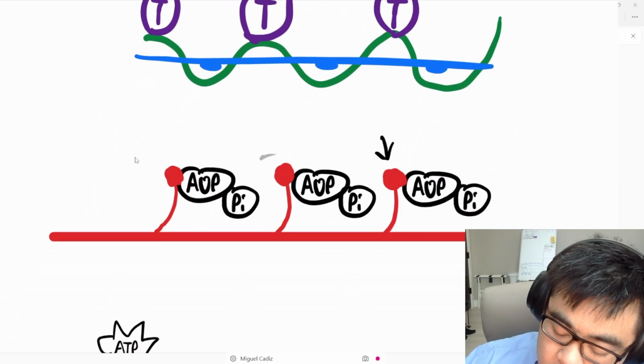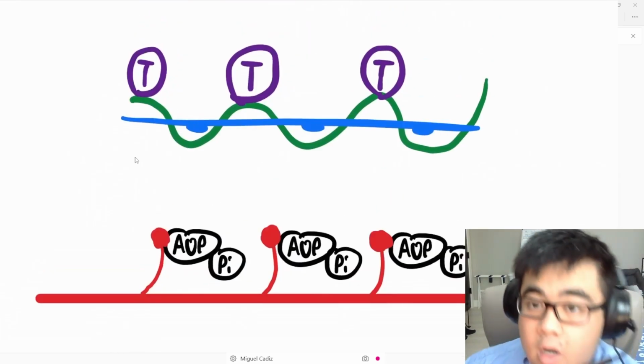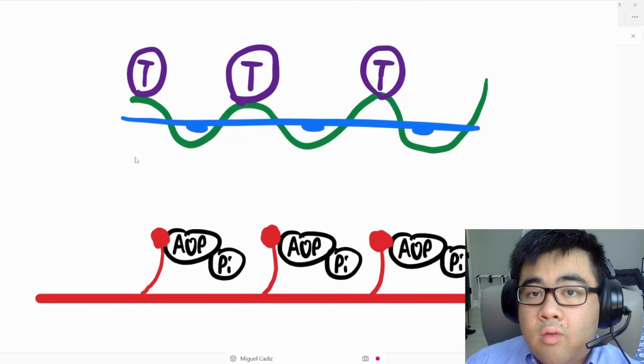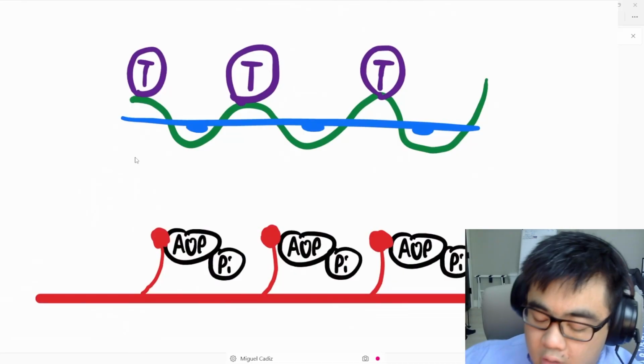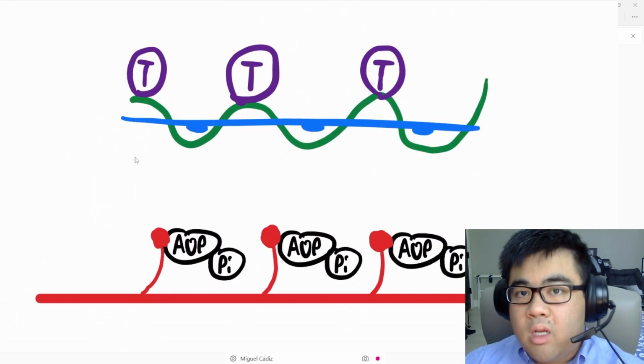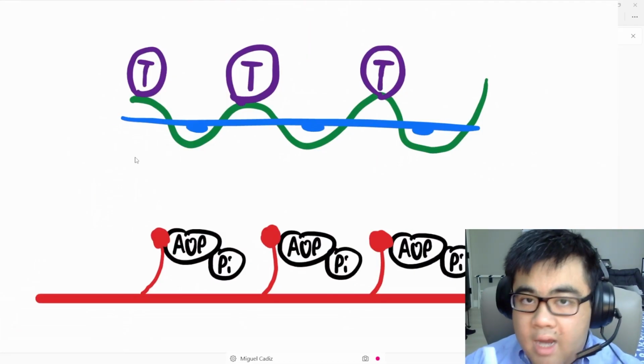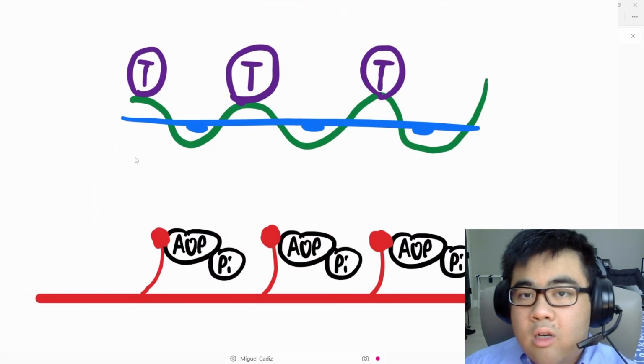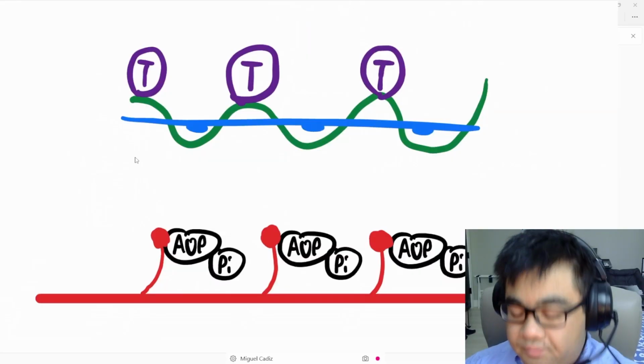So, in a resting sarcomere, when you have no action potential, no force to cause contraction, you have this troponin-tropomyosin complex covering the thin filaments and preventing any sliding action, any interaction between the thin and thick filaments.